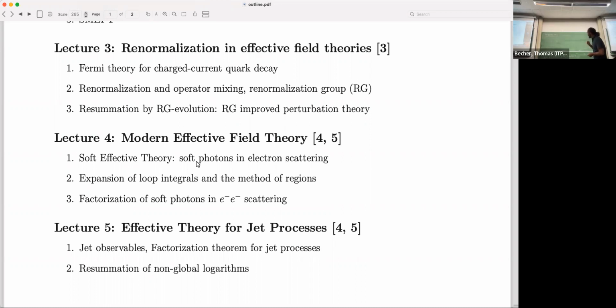And his idea was that if you want low energy physics, then basically the fluctuations at very short distances here should be irrelevant. So you should somehow split this integral into an integral over all the high energy stuff and an integral over the low energy stuff. And then you simply integrate out the high energy part.